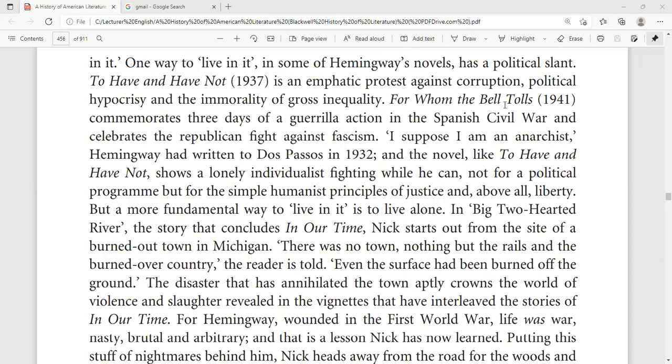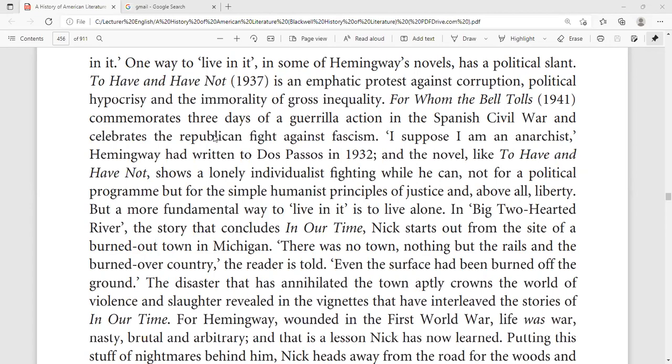For Whom the Bell Tolls commemorates three days of a guerrilla action in the Spanish Civil War. The Spanish Civil War was fought between the nationalists under the leadership of General Franco and the liberal government of the time in Spain, and it celebrates the Republican fight against fascism.